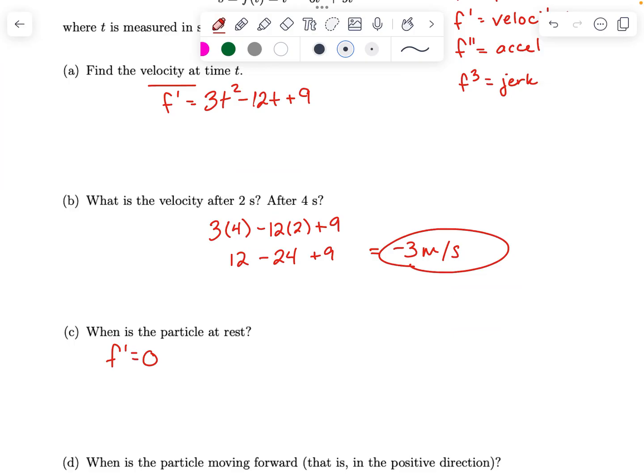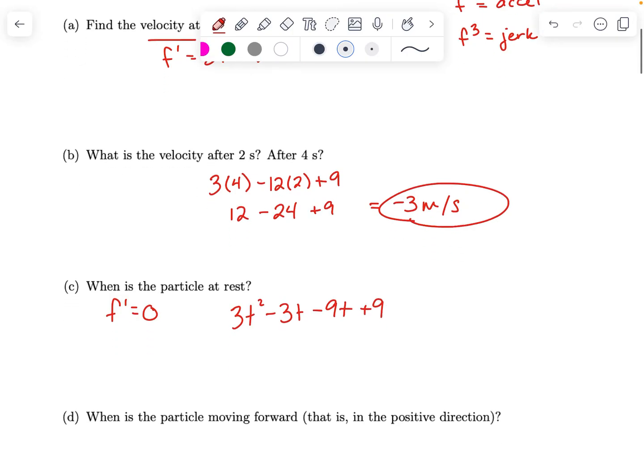I can also just factor this, which would be 3t squared minus 3t minus 9t plus 9. If I factor this, I get 3t, t minus 1, minus 9, t minus 1.